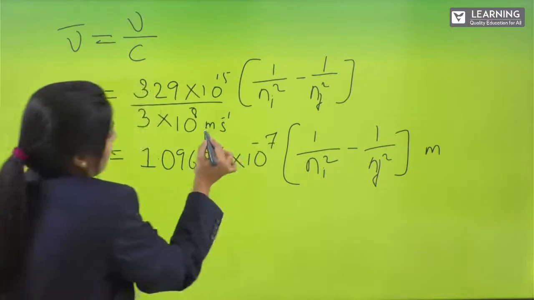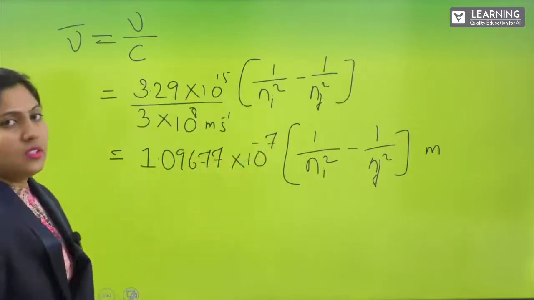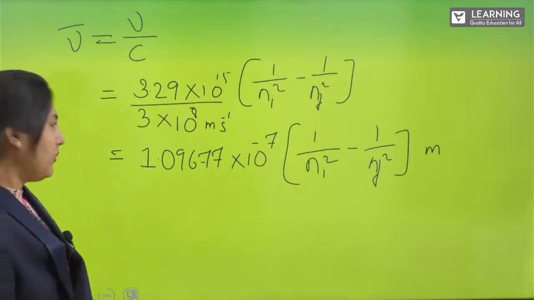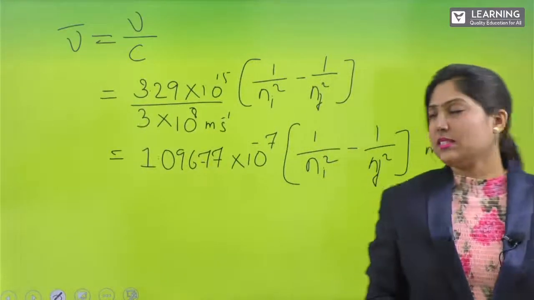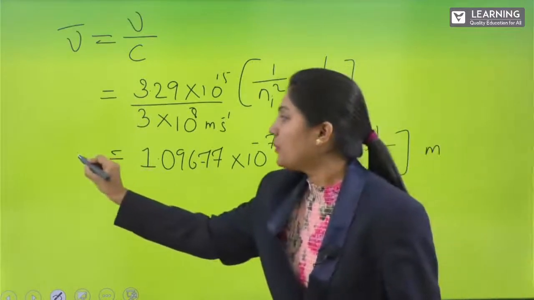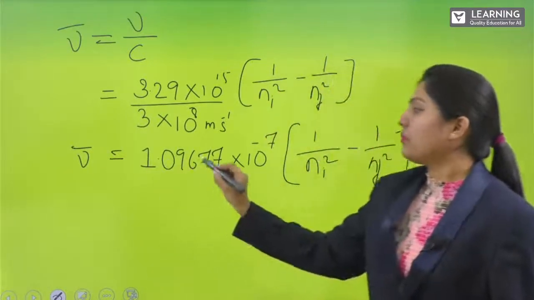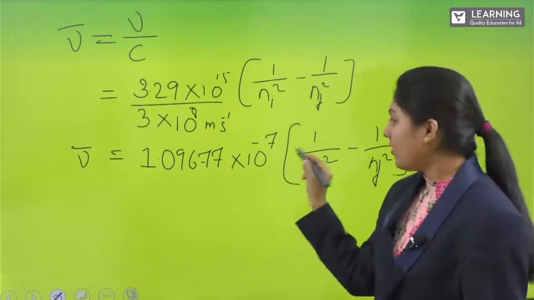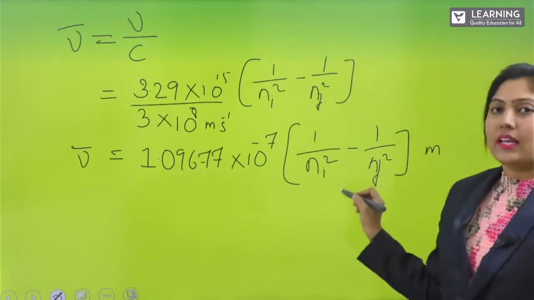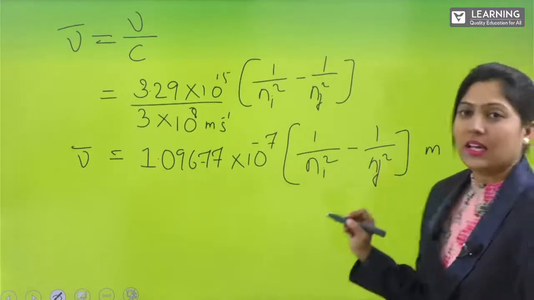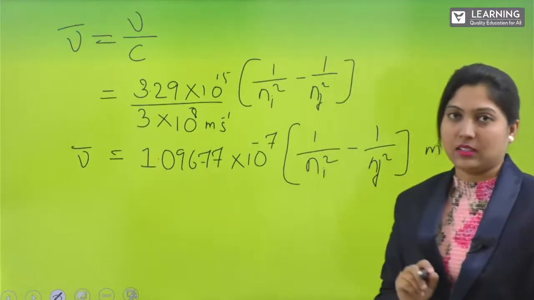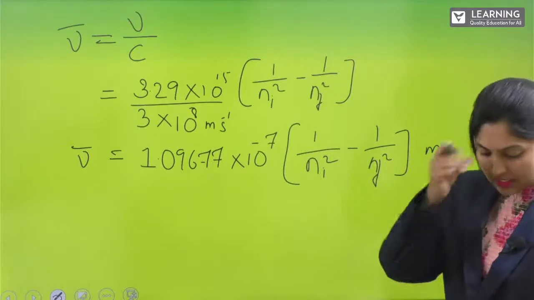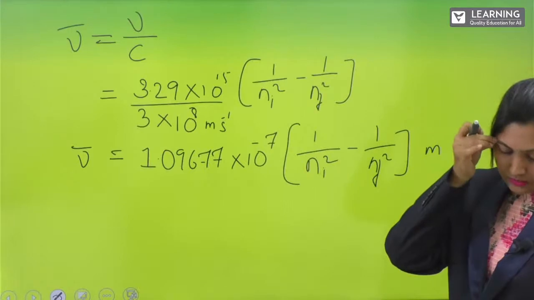As I say, this meter comes in the numerator, we get meter. Hope you understand this, students. So we have mu bar is equal to 1.09677 into 10 raised to minus 7 into 1 by Ni square minus 1 by Nf square meter. Got this? This is the wave number which we can see here. Any doubts here?